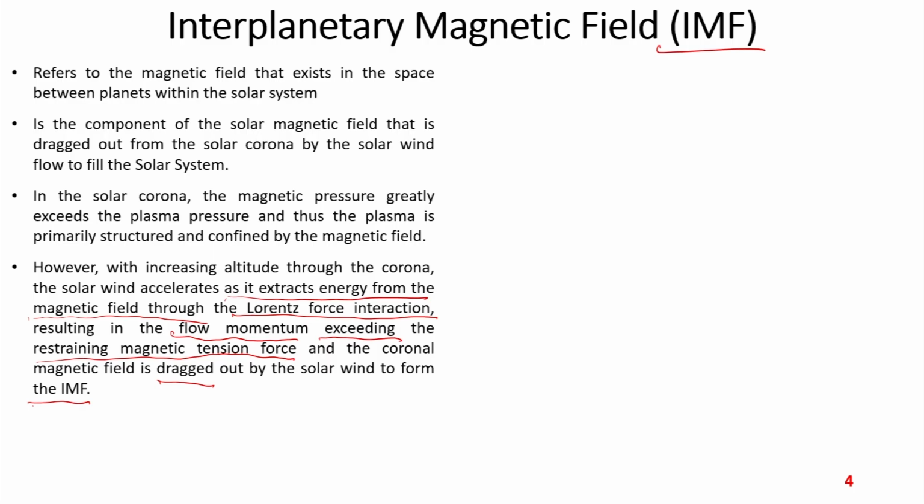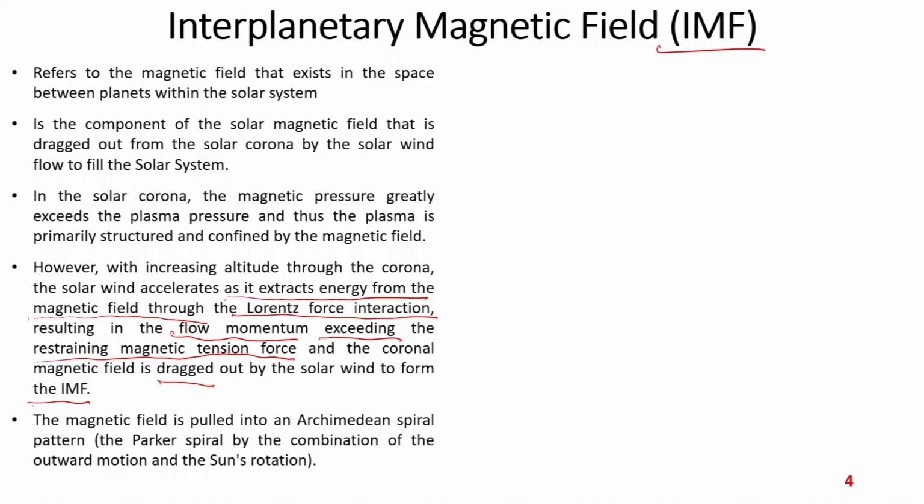The other aspect is that this magnetic field is stuck to the atmosphere or the structure of the sun, but the sun rotates about its axis. Because of that, the magnetic field is pulled into an Archimedean spiral pattern, and this is called the Parker spiral.